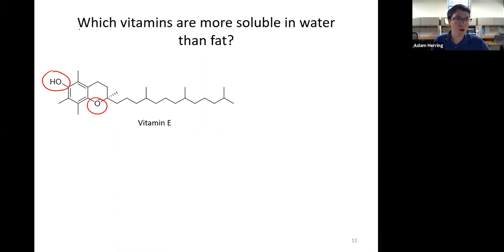Fats are long hydrocarbon chains. And therefore, vitamin E would mix well with fats.